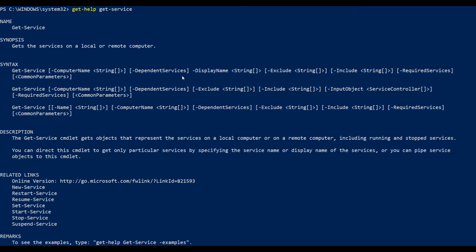So for the third parameter, if you issue DisplayName, you cannot use InputObject in combination in this syntax, because if you use DisplayName, you have to proceed with Exclude, Include, RequiredServices parameters. That's all. So this is the parameter set for this particular syntax.